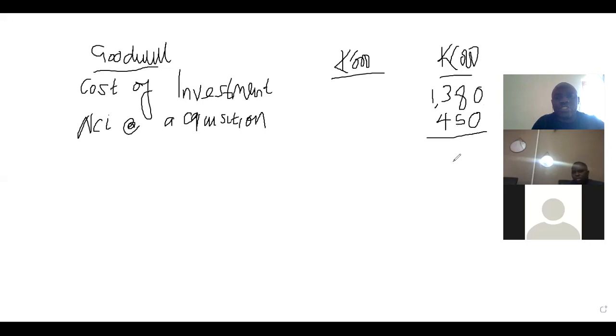So how much is the total? 1,830. So we go to the net assets.